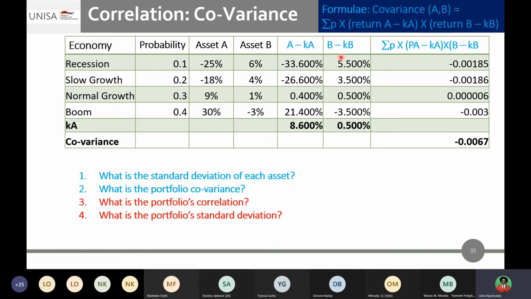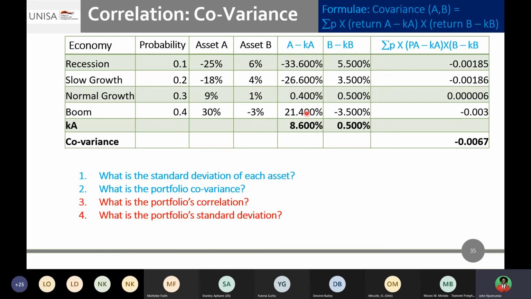Why I'm doing this with you is that there was a past exam paper which required calculating this covariance. What you then do is similar to calculating standard deviation. So you are saying A minus KA, expected return.